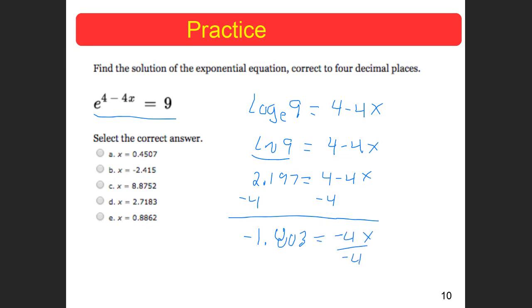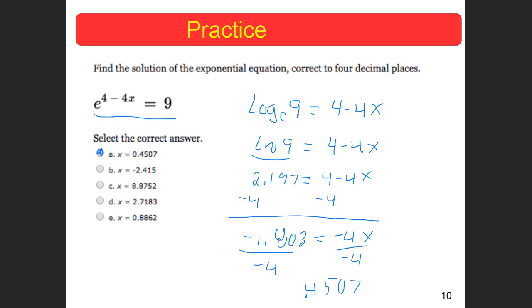I'm going to divide through by negative 4. And I come up with positive 0.4507.